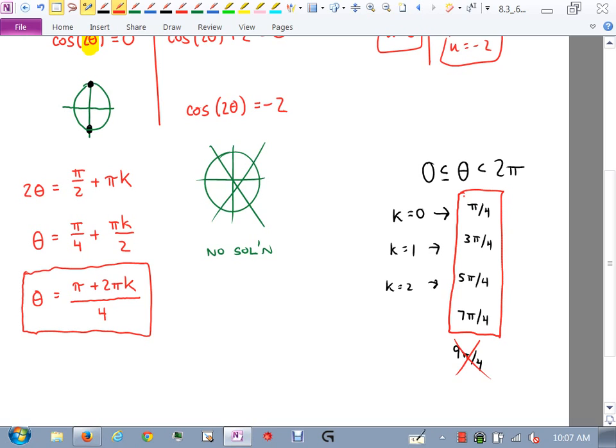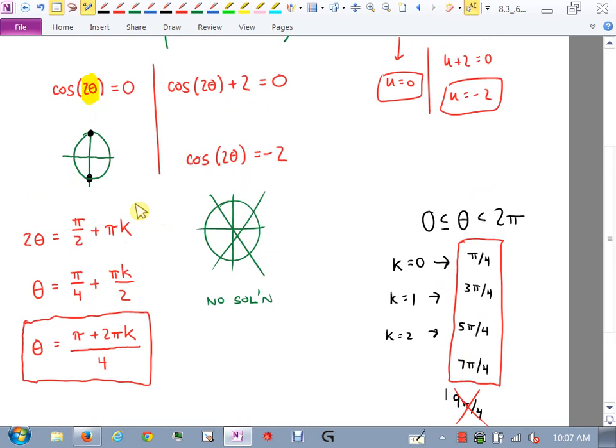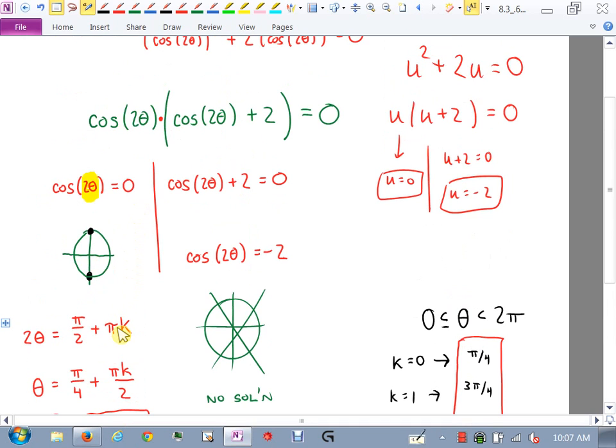Yes? Only pi? No, this pi k has nothing to do with the restriction at all. It has to do with how I can get from this point to this point, back to this point, and so on.